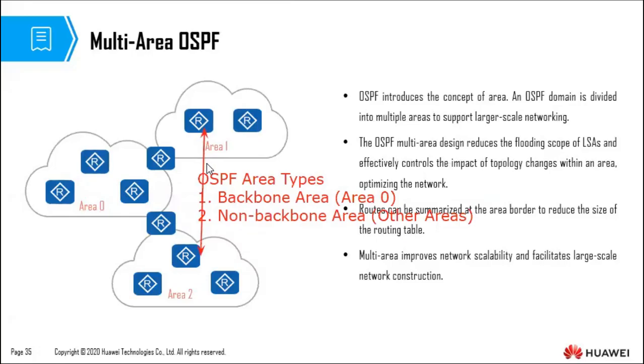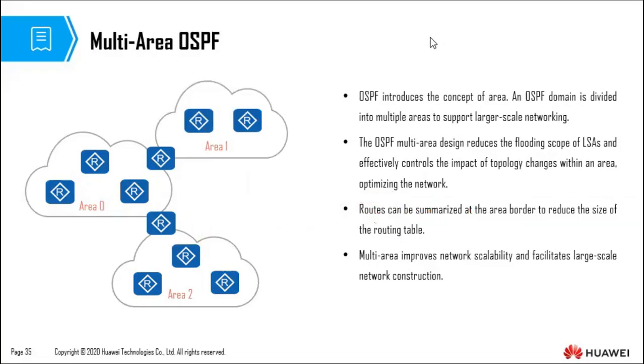So don't do this. Otherwise, you might have loops. So what you do is you connect these areas via the backbone, and communication has to be through the backbone, through area 0. Okay.